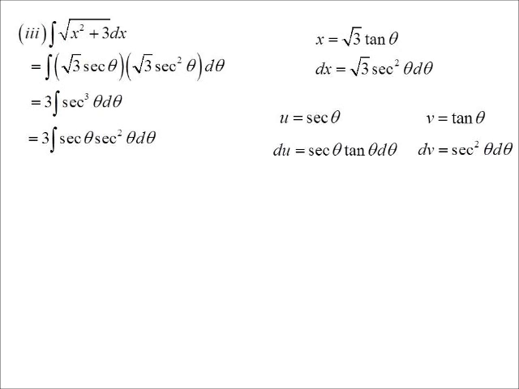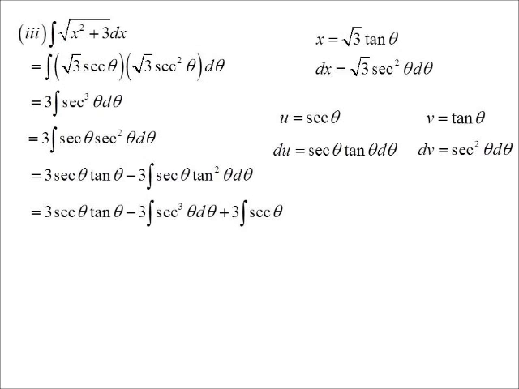And we get 3 times uv, sec theta tan theta, minus 3 times the integral of v du, sec theta tan squared theta. Okay, now sec theta tan squared theta. Well, I can split that up because tan squared is sec squared minus 1.